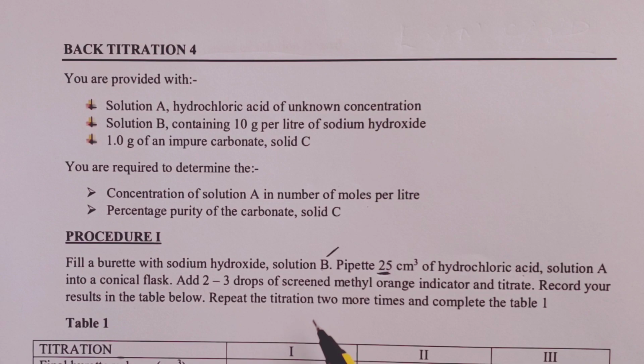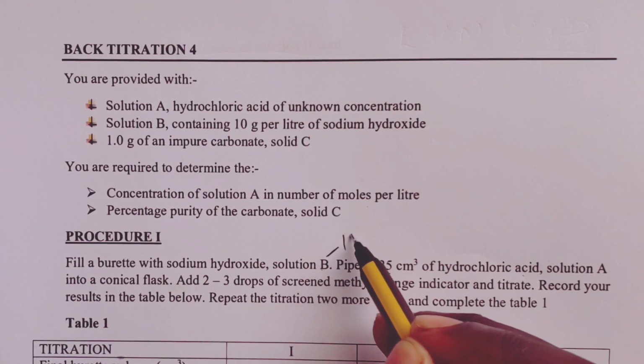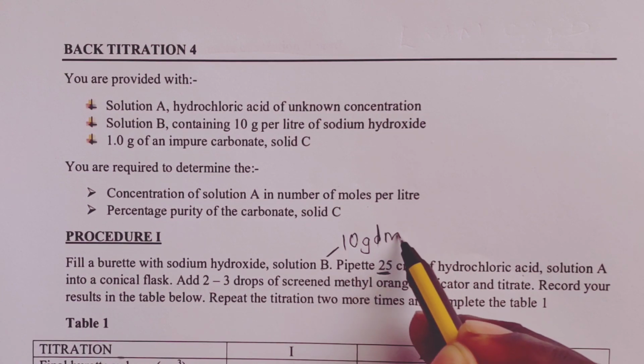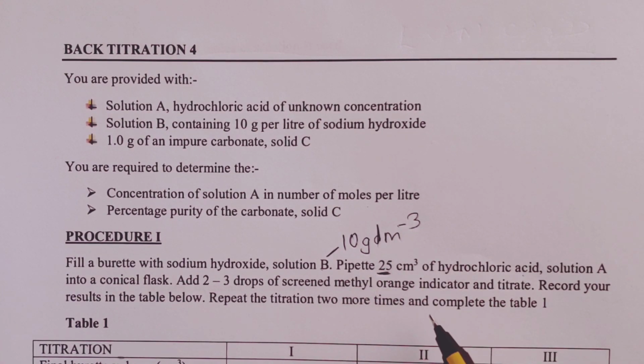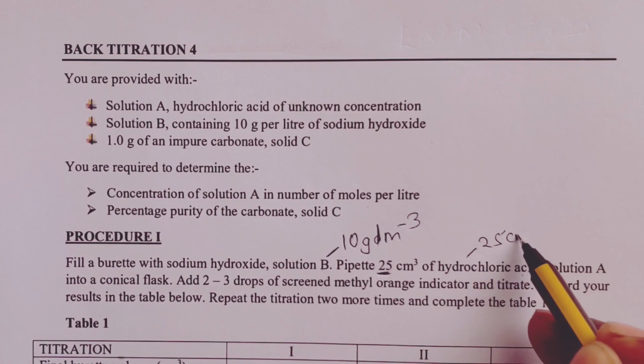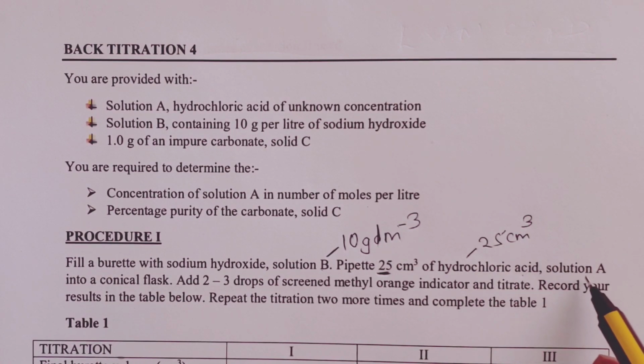So, solution B here, we are told, is sodium hydroxide that contains 10 grams per liter of the same. And then we are using 25 cubic centimeters of hydrochloric acid solution A, but the concentration of this acid is unknown.